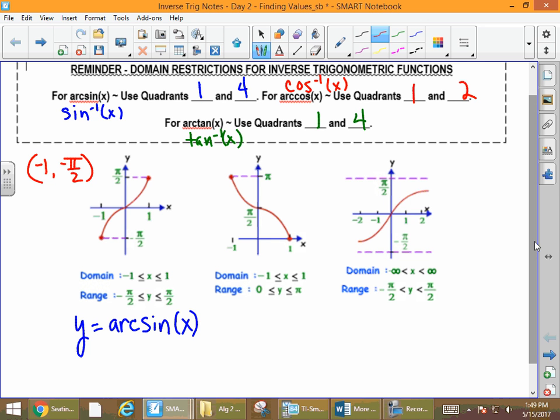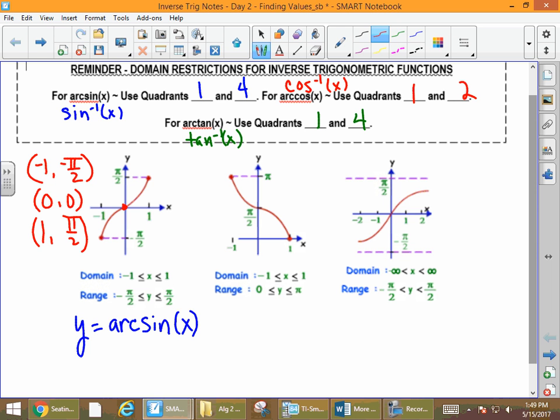But one of the points on here is negative 1 and negative pi over 2. We also have a point at 0, 0. And then our other point on this graph is 1 and positive pi over 2. Again, sine of pi over 2 is 1. And we're dealing with inverse functions here, so we're switching the x and the y.